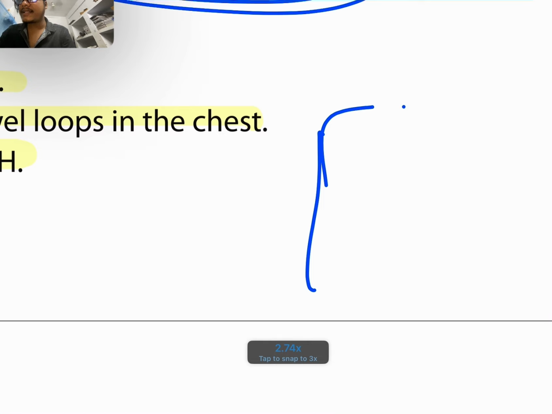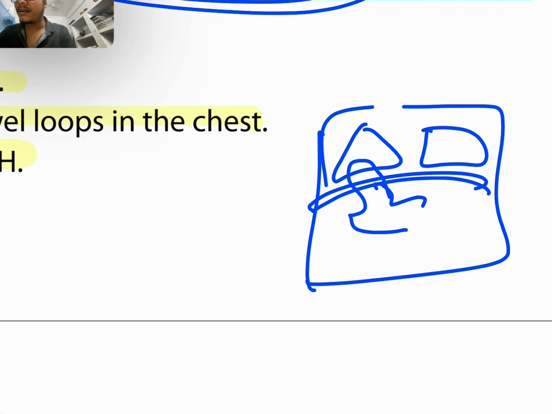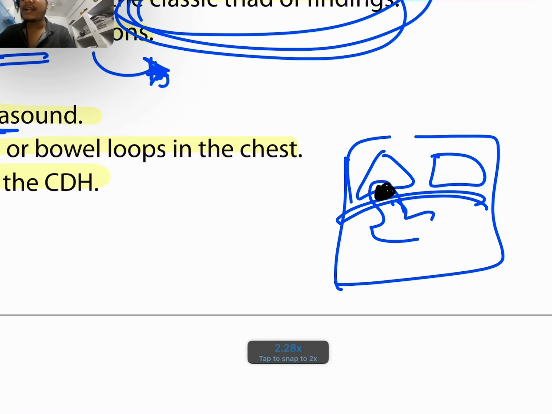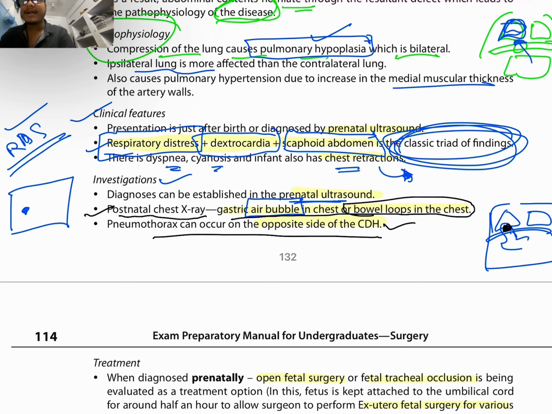In the X-ray, if this part is the diaphragm and this is the lungs, and the intestine or bowel moves here, then the gases present in the bowel will appear dark. So a postnatal X-ray will show gas bubbles in the chest or bowel loops in the chest. Next, pneumothorax can also occur on the side opposite to the congenital diaphragmatic hernia.